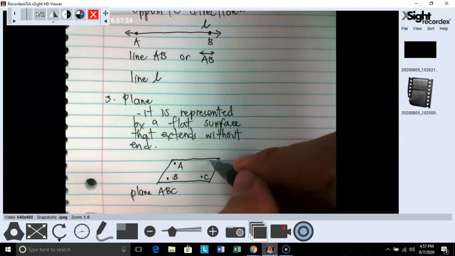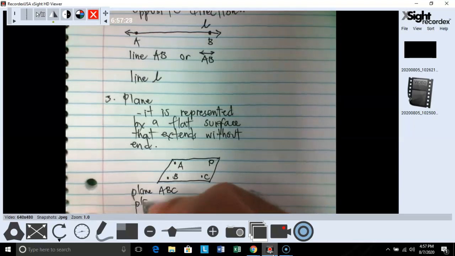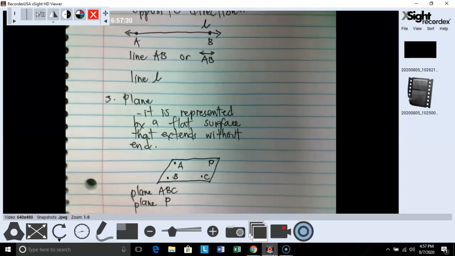Or we can just use one letter. We can call this plane P. So either use 3 letters or just 1 letter without the point right here. So this is 1 letter naming of the plane. So that's plane P.